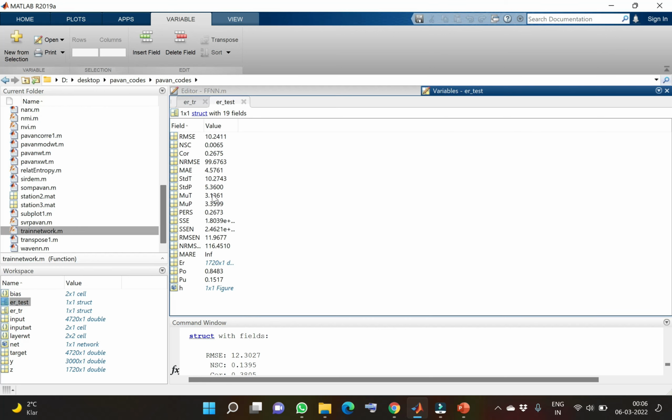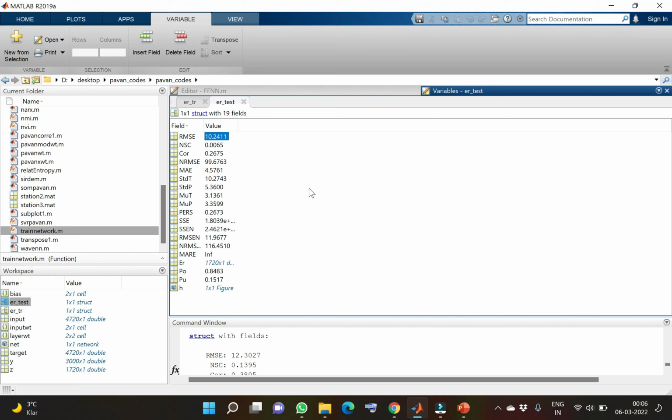The same way, when we go to the testing set, we can see that correlation is 0.267, but NSC is very low. This represents that the prediction of the model is not very good, although RMSE is 10.24. As I mentioned in the previous videos, I'm not showing how to get the perfect model, but how to develop a model so that you can change parameters and play with it to get a better result.